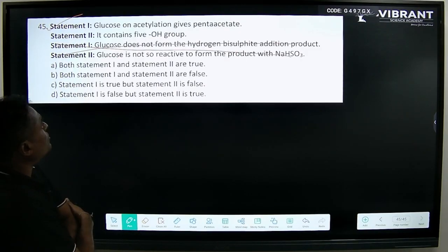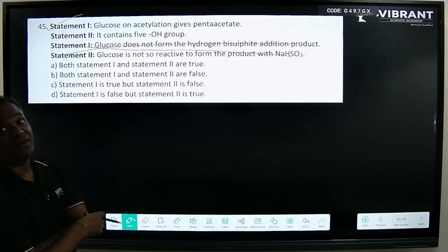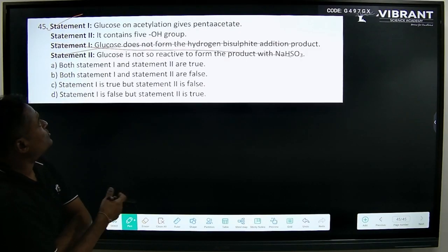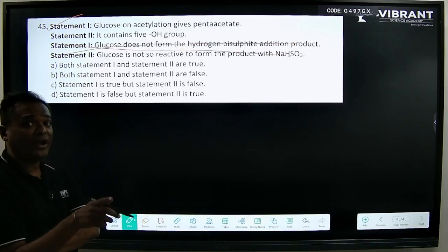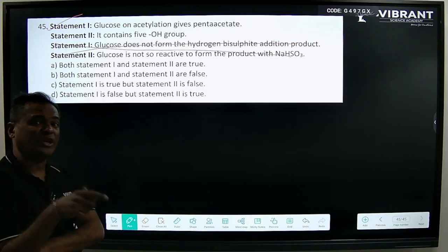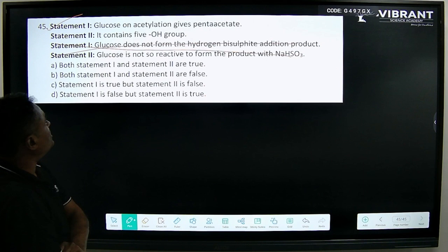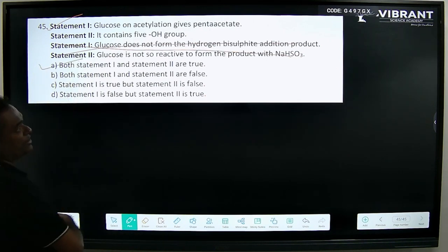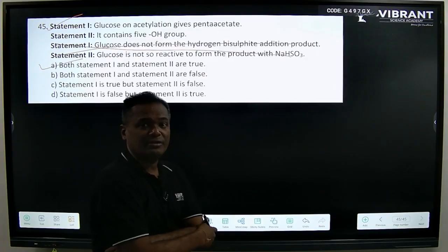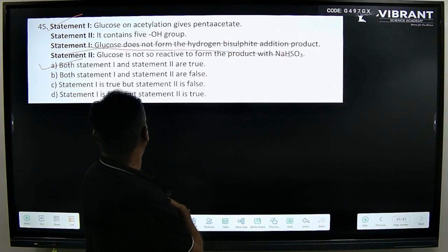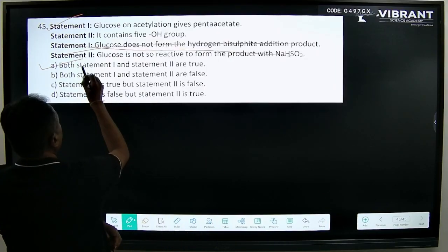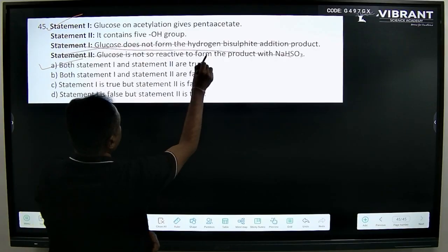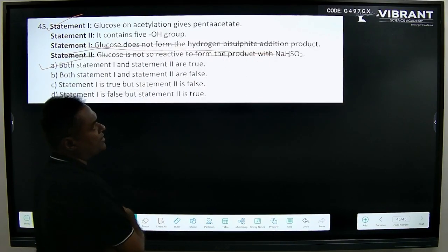Statement 2: it contains 5 hydroxy groups. It is correct, because glucose has 5 hydroxy groups, which can be analyzed by using acetylation. That means both statements are correct, so statement A is correct for this MCQ. I hope this is clear, child. Here there is one silly mistake. Here by mistake this statement was also printed, so I am just removing it. I hope this is clear.